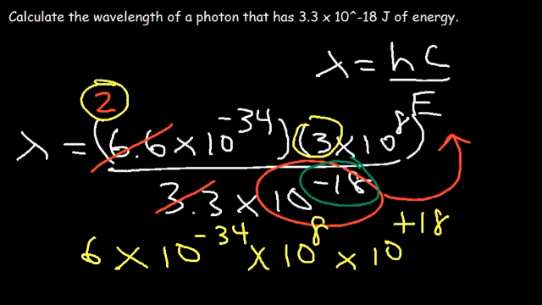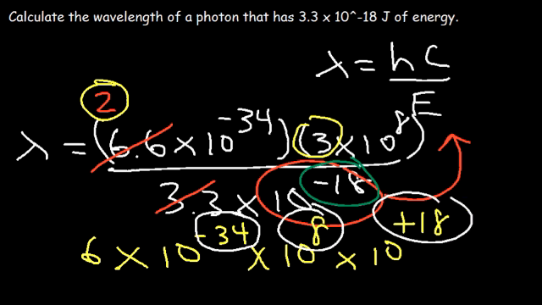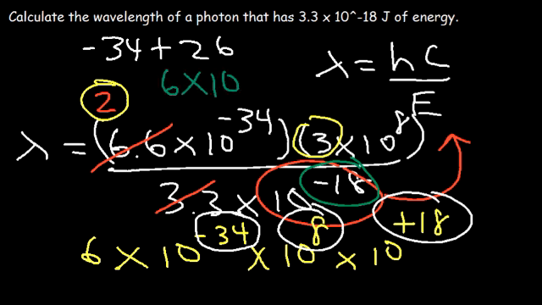So now we can add the exponents. Negative 34 plus 8 plus 18. 8 plus 18 is 26. So negative 34 plus 26, that's the same as 26 minus 34, and that's negative 8. So the final answer is 6 times 10 to the negative 8, and that's in meters.